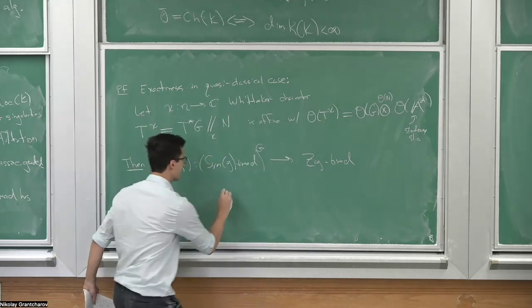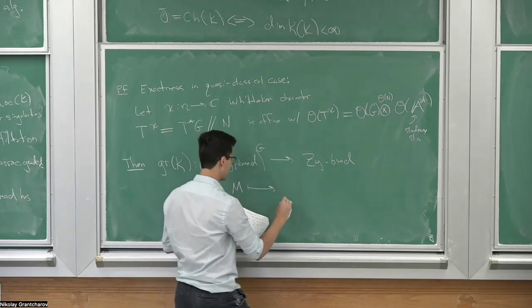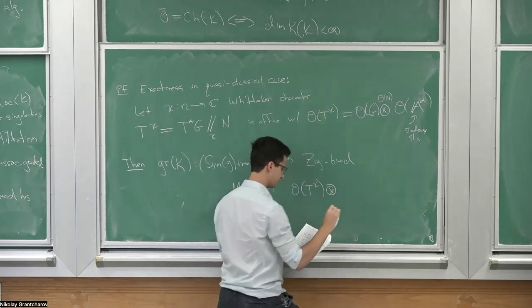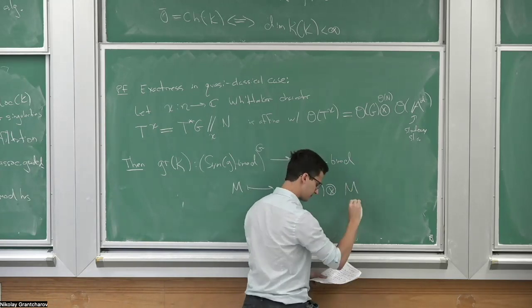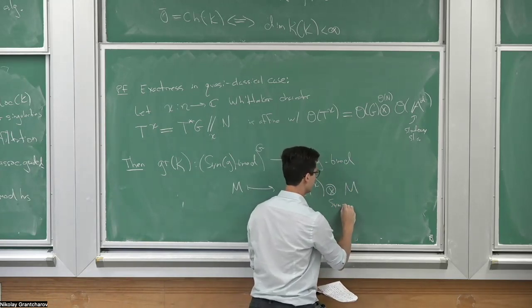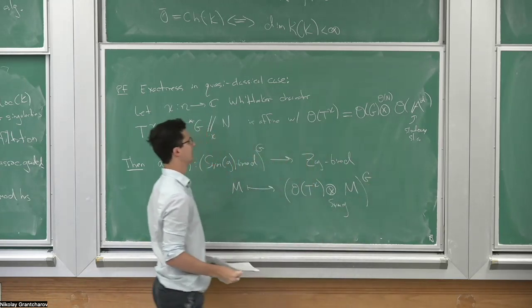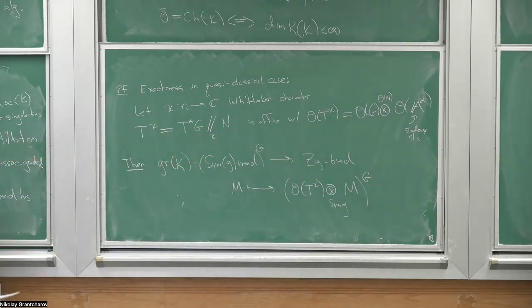And this functor is given by just taking the G invariants of the pullback of M along the map G to T chi, and then like of ZG bimodules.